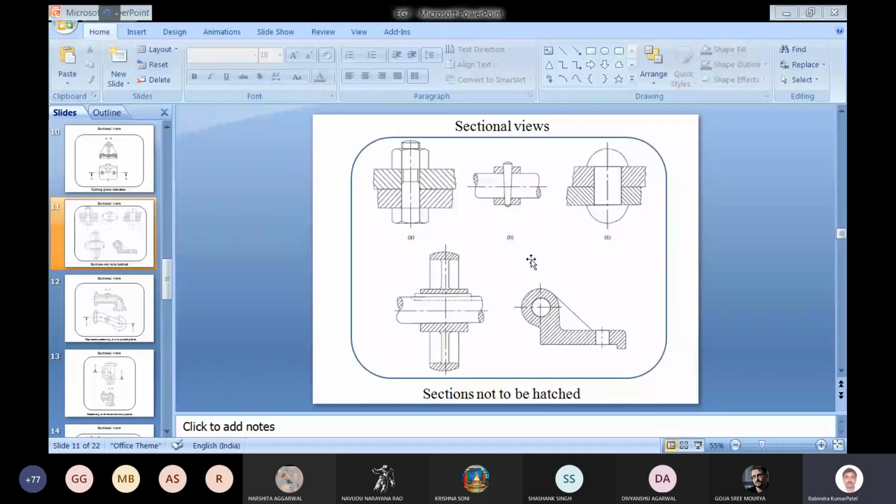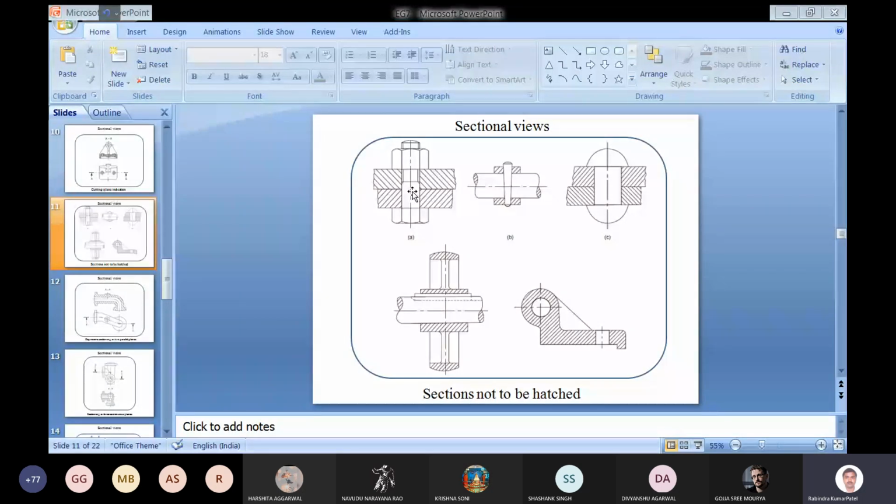Here we can see there are different parts which are not hatched. In the first figure you can see there is a nut and bolt. So the nut and bolt, even if cut by the cutting plane, will not be hatched. Either the head or nut or the shank, meaning the body of the bolt, will not be hatched.